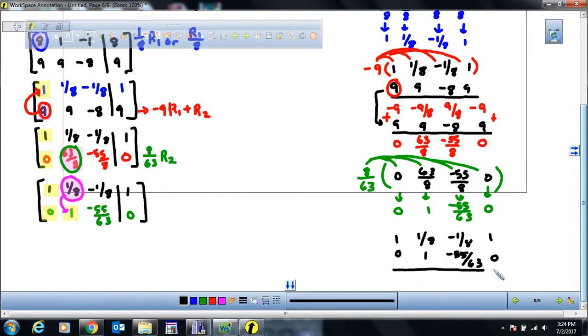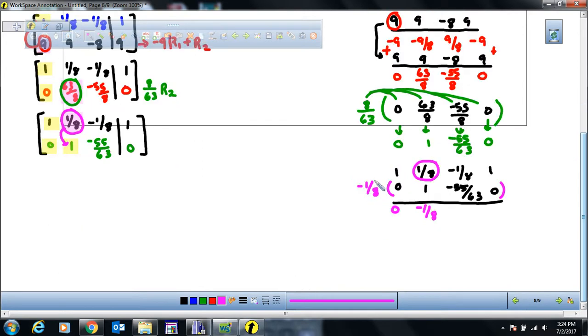So we're going to add them together. Before I can add them, since I want to make the 1/8 into a 0, I need to multiply the bottom, the 1, by the opposite, which is negative 1/8. So negative 1/8 times 0 is going to be 0. Negative 1/8 times 1 is negative 1/8. Now the next one.